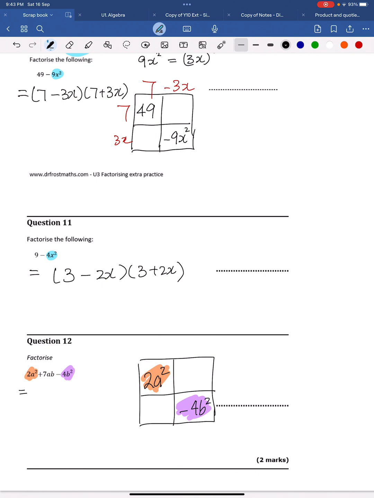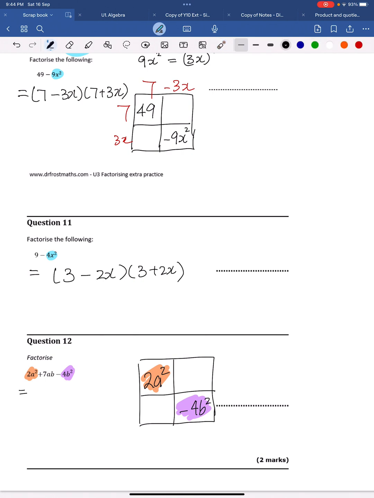Now, to do these, we are not looking at the difference of two squares, but we will need to rely on thinking about what are the factors of 2 and 4 that we can use. Now, 2 is much easier to look at.